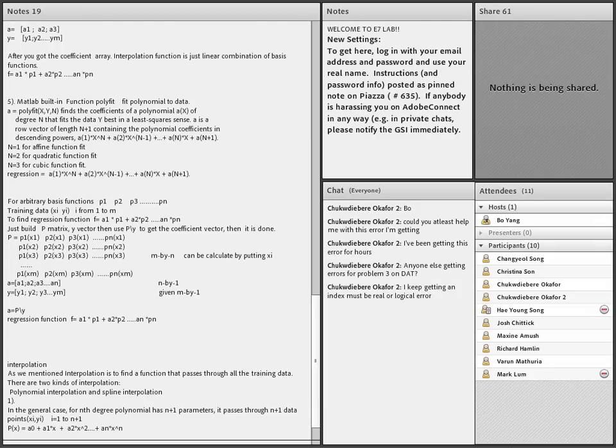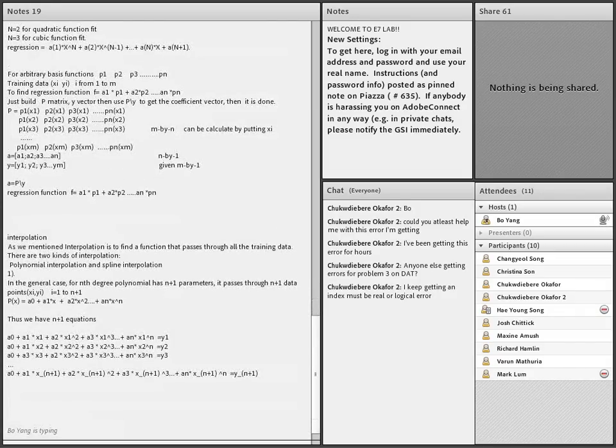For each point, we put xi into the interpolation function, and we let it equal yi. So we have n plus 1 equations.